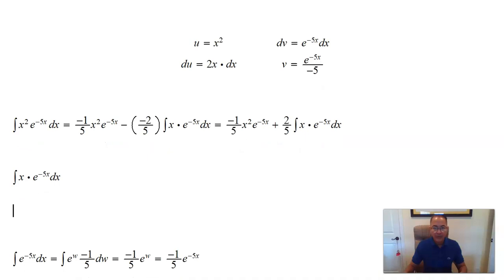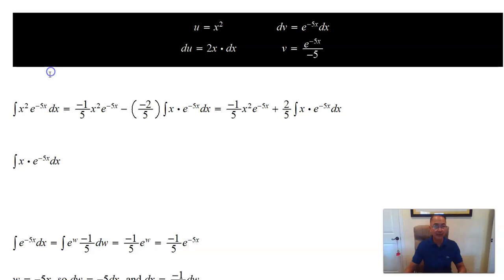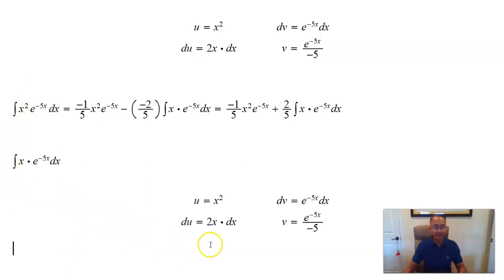So we will do something like this, except we have different factors. E to the minus 5x is still one of them. So it looks like we can probably recycle some of these ideas. But instead of x squared, we simply have x.